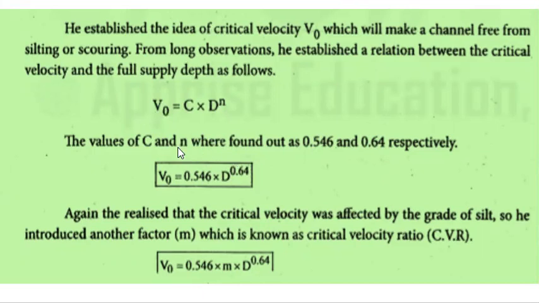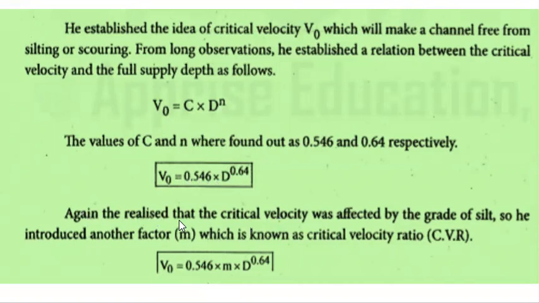It is found that C and n were 0.546 and 0.64 respectively. So we have the critical velocity and the full flow depth. Now V0 is equal to 0.546 into D power 0.64.